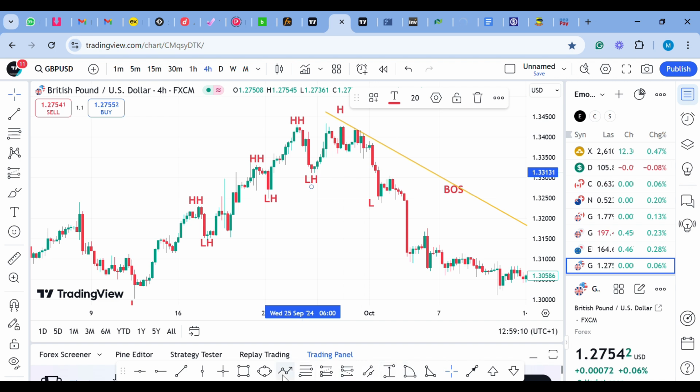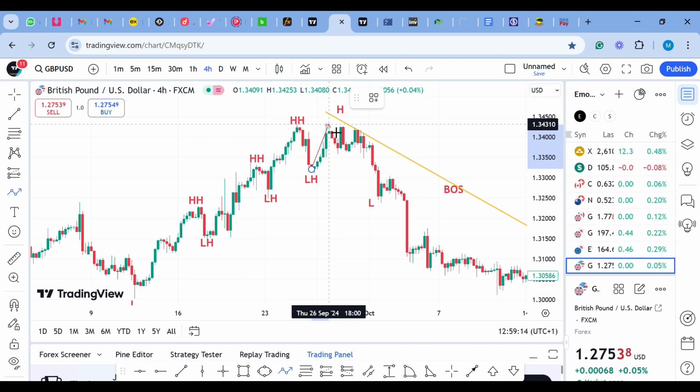and let me use this my patch. So the market created this, pushes up to an equal high, then pushes down to create a low, and an equal high, then an equal low, and you can see this low is a bit lower than this current high. So this now becomes our lower high.